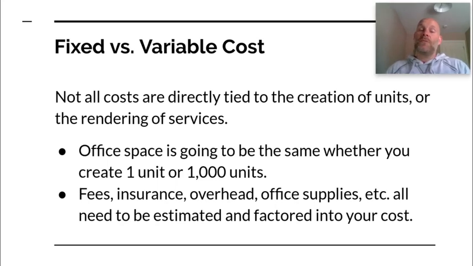It's not too much, maybe a few $100 a year. I think I pay either $199 or $299 per year. But I would need to take that and say, all right, so if I am going to sell 500 jars of salsa this year, then I need to factor that $299 into the total cost of my salsa and add that as a cost. So there are those types of costs as well.